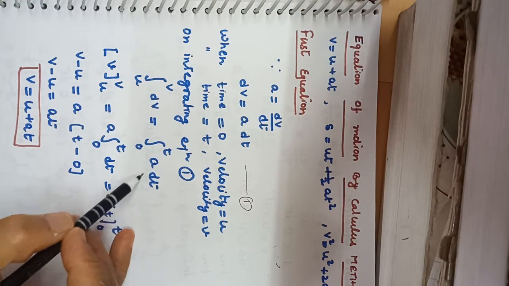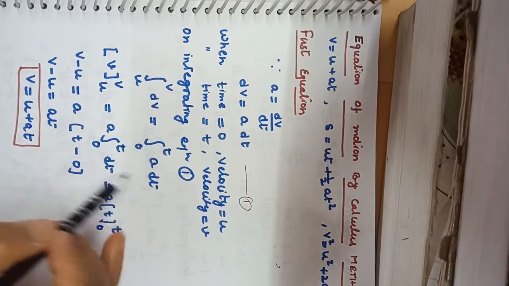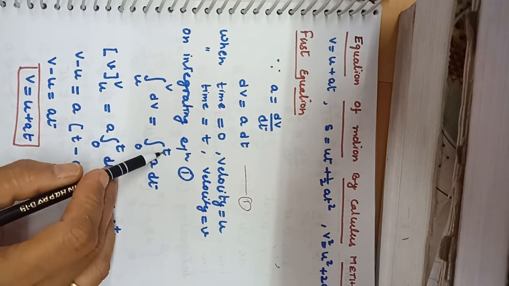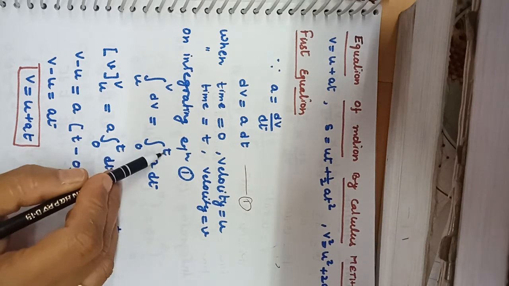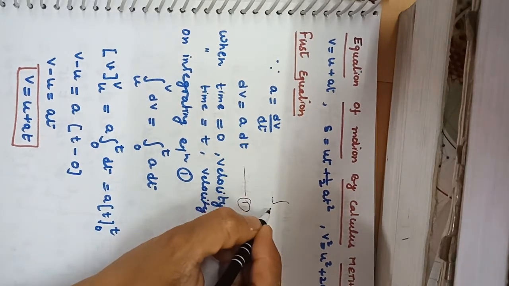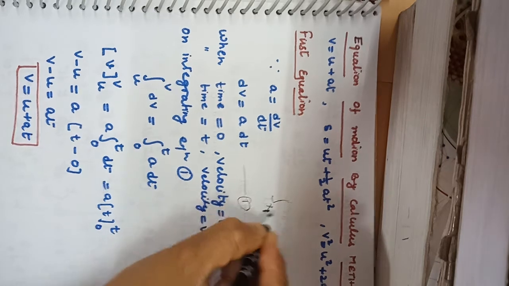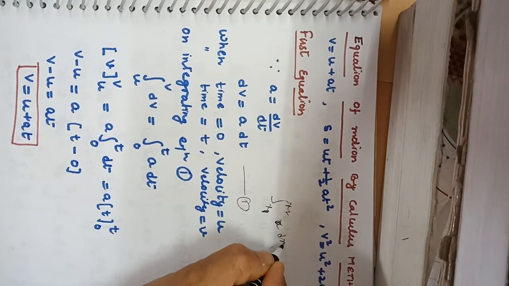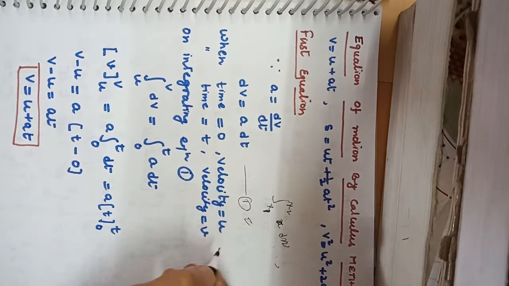Now here you are integrating with respect to time. So initial time is 0 and final time is t. This is the lower limit and this is the upper limit. This formula you have seen with x1 and x2 and the integral of dx. Okay, this is the integration we have used.